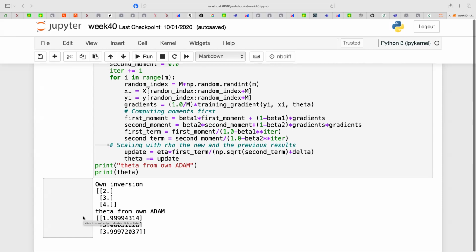So ADAGRAD, root mean square propagation, and ADAM are methods which allow us to update the learning rate. And what you will often see in the scientific literature is that people have tried all three of them. And then they will simply say that in this specific case, ADAGRAD seemed to give a better result. And often you don't know whether your function is a nice convex function or not.